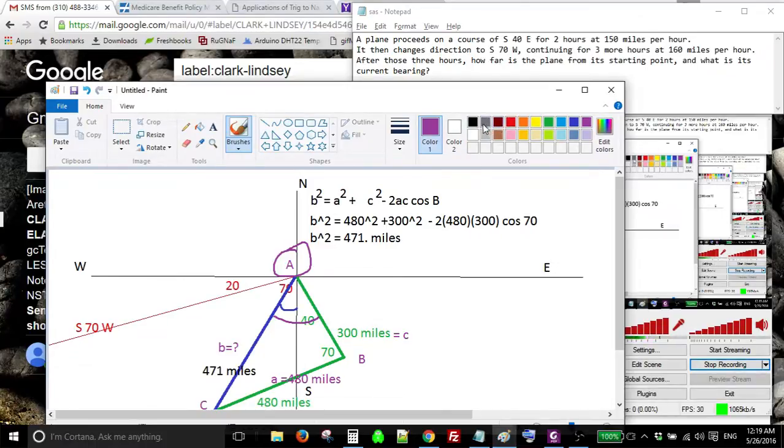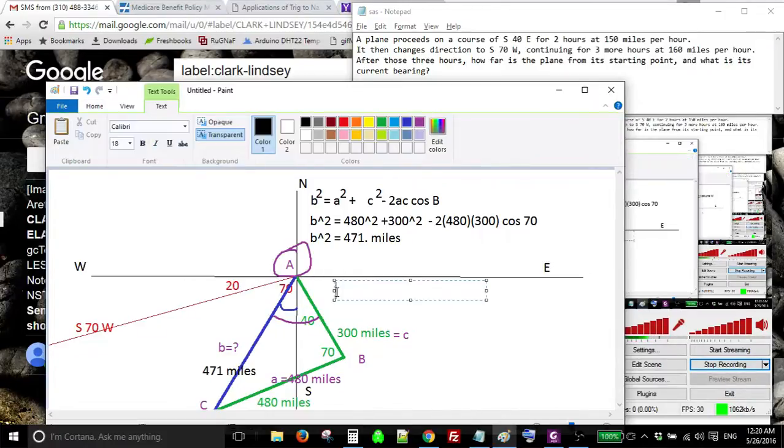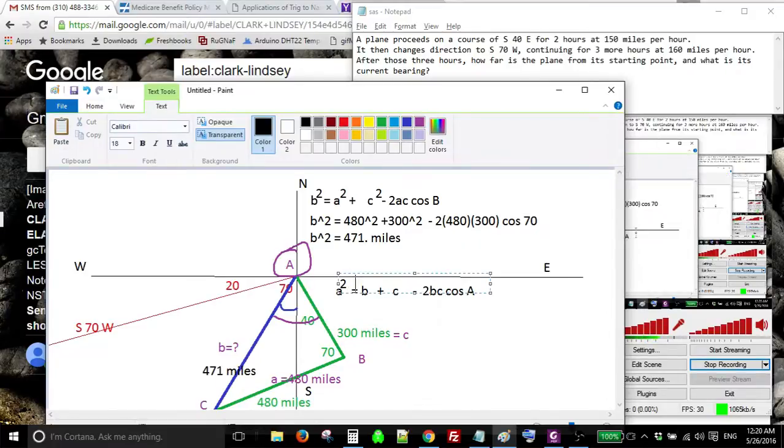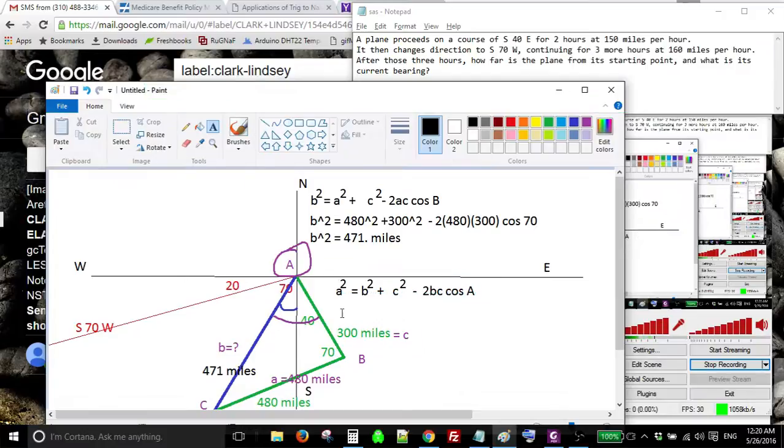I will use my favorite, of course, the law of cosines again. So law of cosines says A squared equals B squared plus C squared minus 2BC cosine A. And now I'll put in the squareds. Squared, squared, squared. Okay.